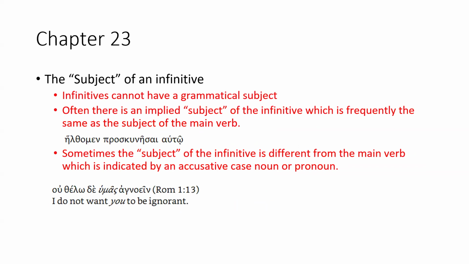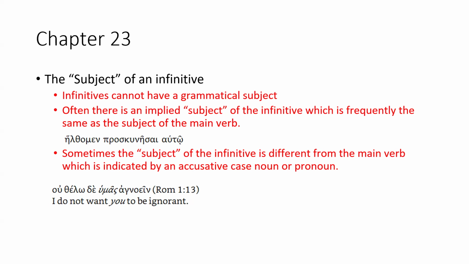The subject of an infinitive. Infinitives cannot have a grammatical subject, but often there is an implied subject of the infinitive, which is frequently the same as the subject of the main verb. Elthomen proskunesai auto, we came to worship him. So the subject we came would be the magi, and proskunesai, to worship.